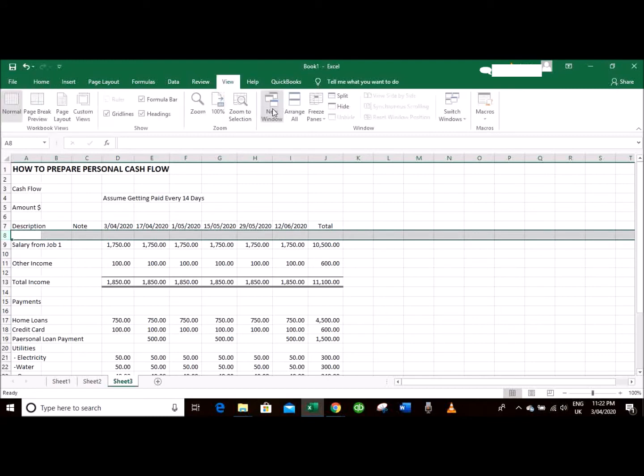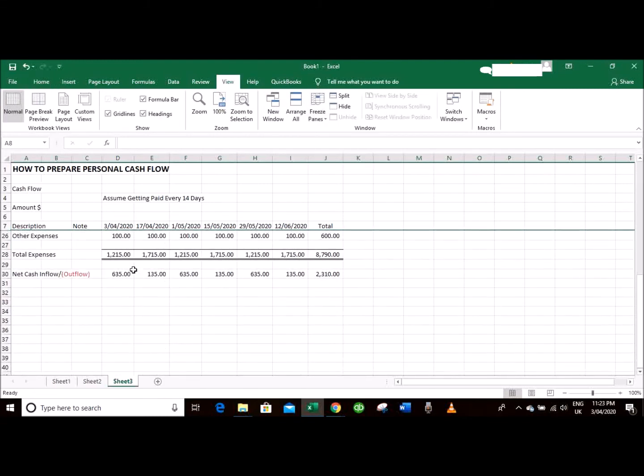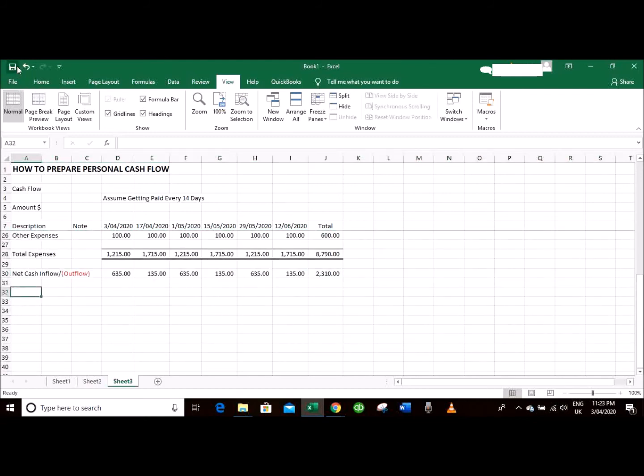Right, I will put the phrase under the table, then you can easily see. Alright, so you got net inflow 2310.